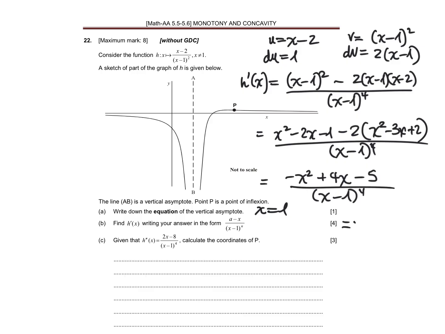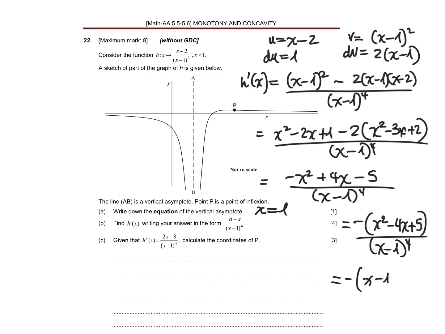Take out the negative, and then, one sec. So that factors to x minus 1, x minus, no. So 5 and 1.